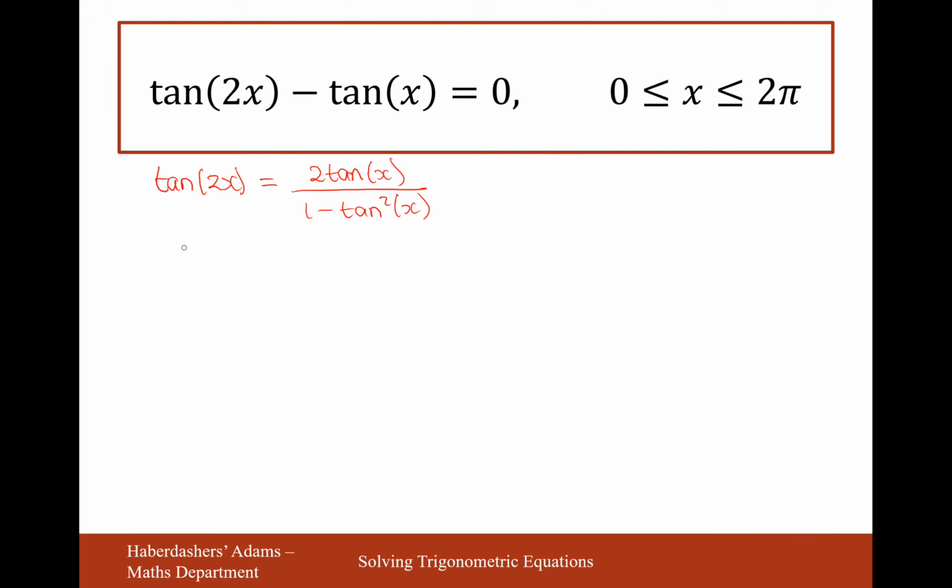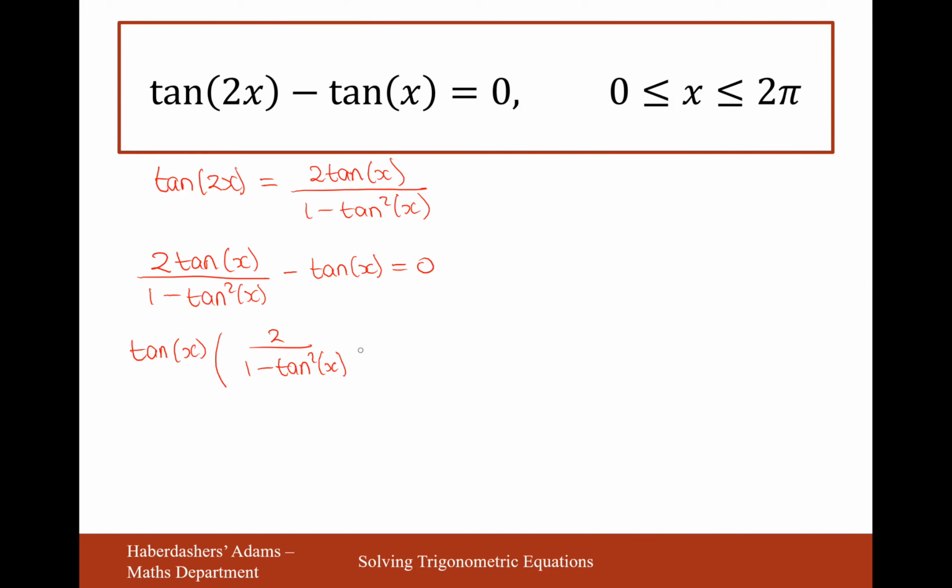Okay, so I'll use that in this question here then, so it's going to be 2 tan x over 1 minus tan squared x minus tan x equals 0. Now the first thing I'll do here is I'll factorise out the tan. So tan x bracket 2 over 1 minus tan squared x minus 1 will equal 0.